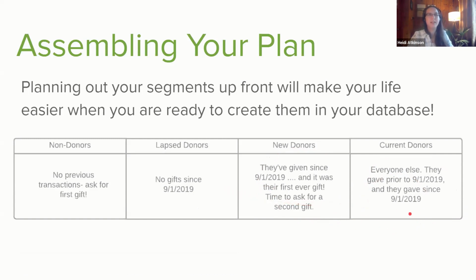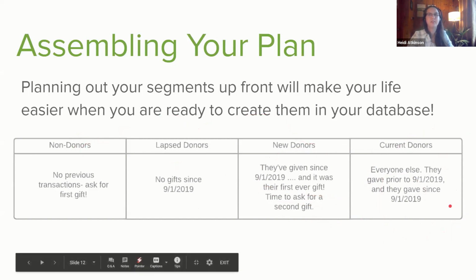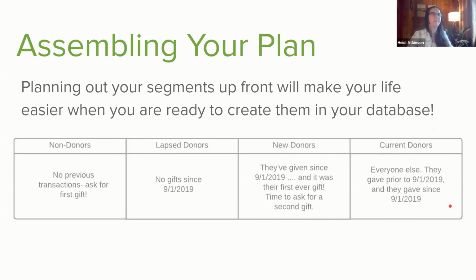They're in my database, but they didn't match any of these three groups. De facto, because of how I'm defining these other three, that means they gave me a gift prior to September 1st last year, and they've given me a gift since September 1st last year. So they're kind of a recurring donor, or they have been a recurring donor in the past. They're just my default everybody else.